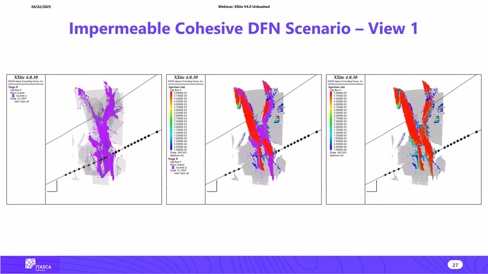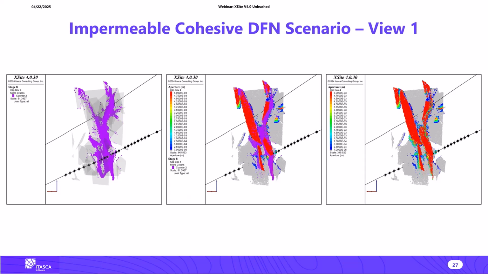I just want to show again some of the results from this model. What I really like here is that it nicely illustrates how the DFN affects the hydraulic fracturing, or how the hydraulic fracture interacts with the DFN.